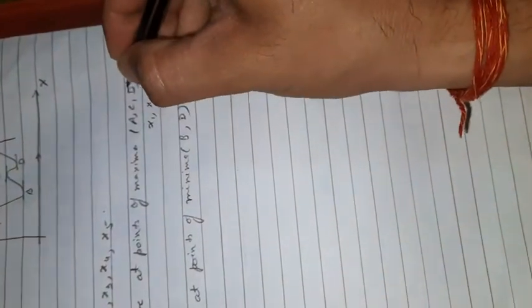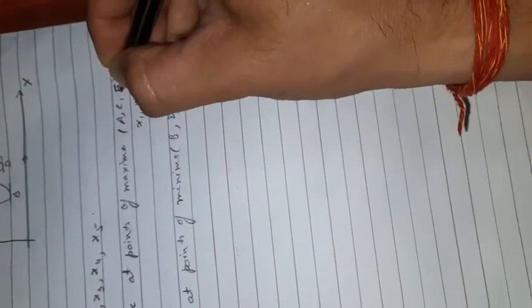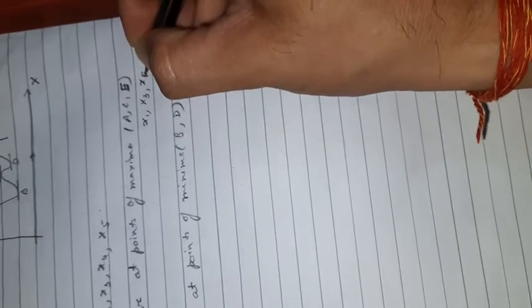Okay, understood? Here it is not d, it is e. So a, c, e, that is x1, x3 and x5.